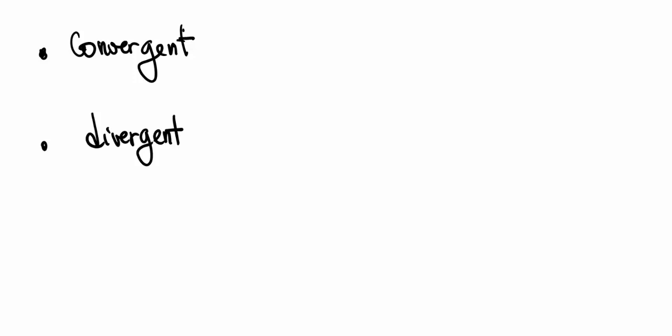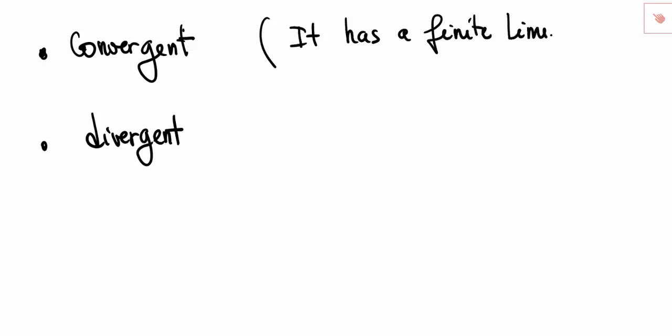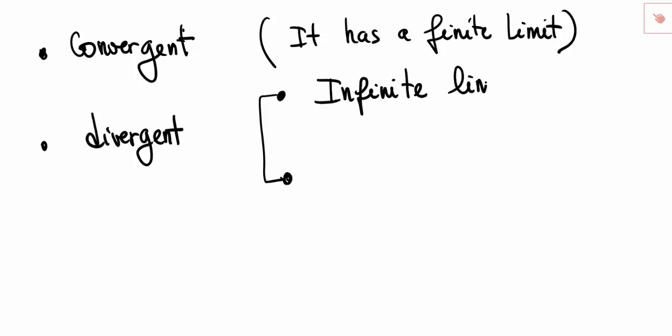In the case where the sequence is convergent, then it always has a finite limit. If the sequence is divergent, there actually are two possibilities. Either it has an infinite limit, so the limit could be either plus or minus infinity, or it could actually have no limit.